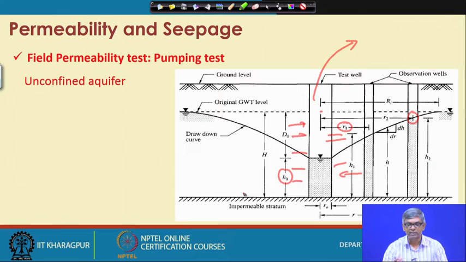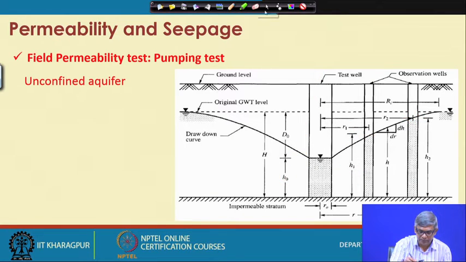When steady state discharge is arrived, after some time you have to discharge constantly, and from that time observe the water level at observation well 1 and at observation well 2. Those can be correlated to the K value in terms of R1, R2, H1, H2 and all those things. I will show that in the next slide.